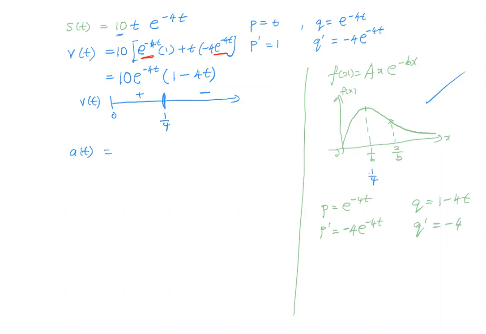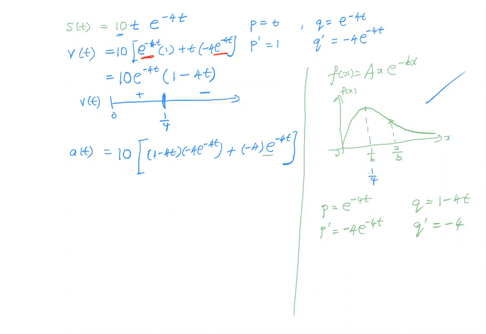So then I put in, open bracket, q, p prime plus q prime, p. So use product rule all the way through.